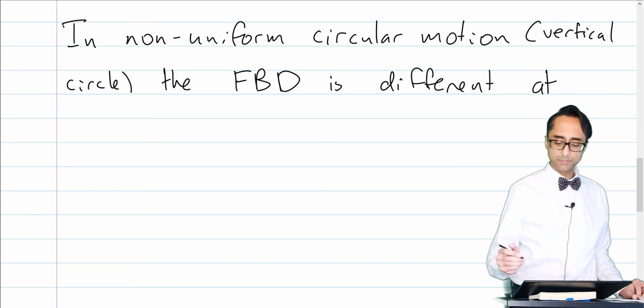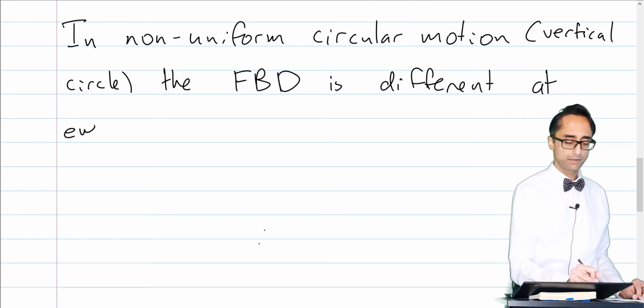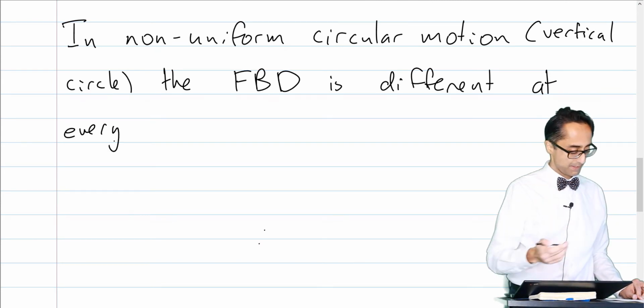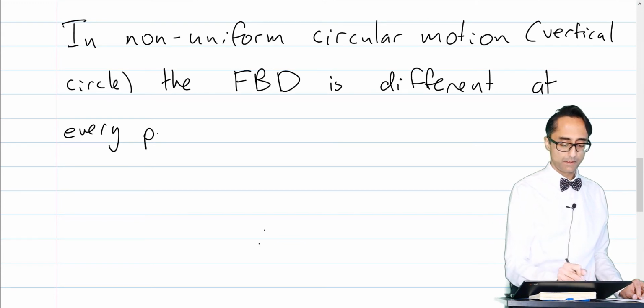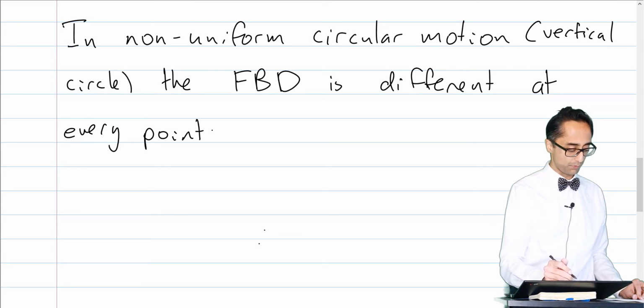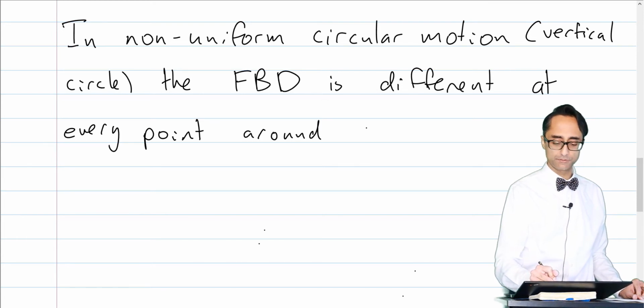Gravity is always going to be pointing downwards, while our normal force, we will see, will always be pointing towards the center of the circle.